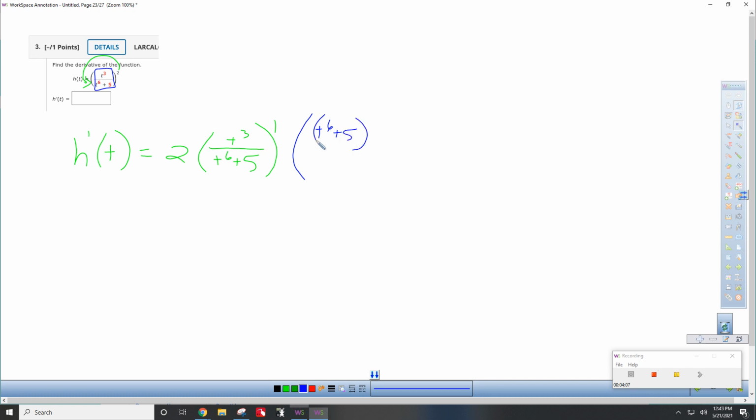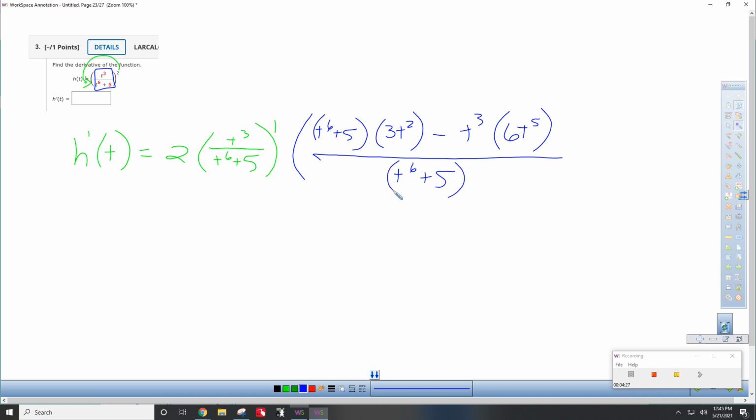D high, 3t squared. Low d high minus high, t cubed, d low, 6t to the 5th, all over t to the 6 plus 5 squared. Okay? So what did we do? We took the power, we multiplied it by the power, we kept what was inside the same, but we reduced the power by 1, but then you got to multiply by the derivative of what's inside.